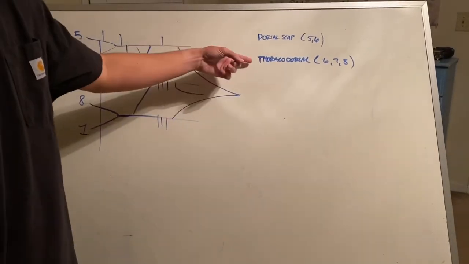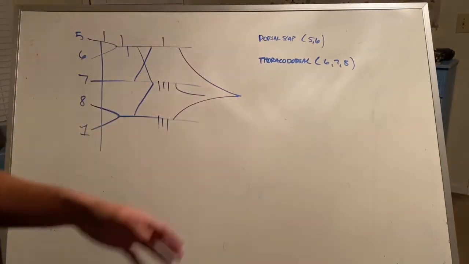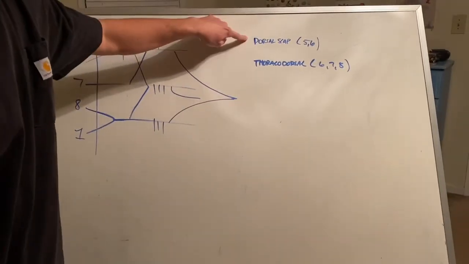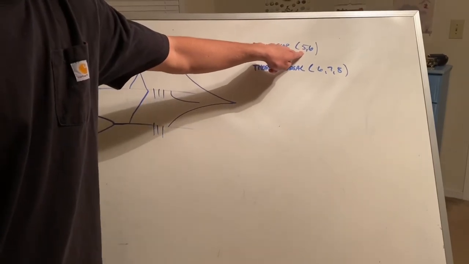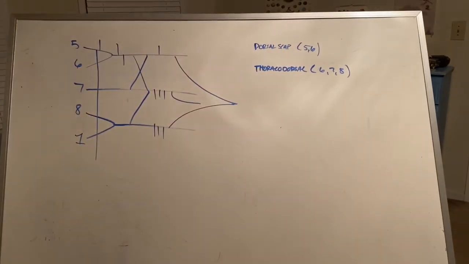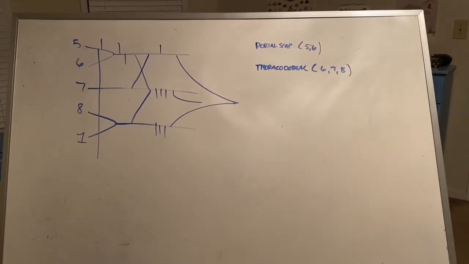So any of the muscles innervated by the thoracodorsal nerve are going to be completely lost. Whereas something like dorsal scapular, since it also has contributions from C5, is still going to have a little bit of innervation. And so those muscles are going to only be partially weakened rather than completely lost.